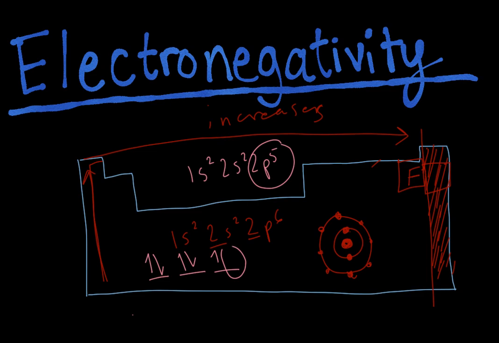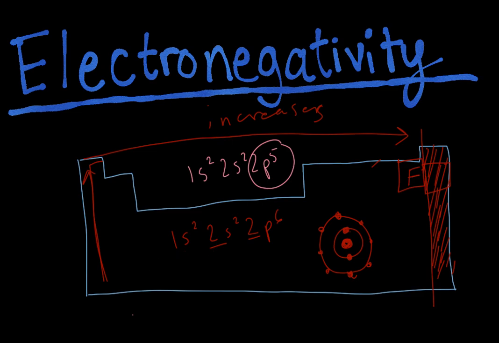So this last position right here needs one more electron, and it would be a completely filled p orbital. And that's the reason why, because it's so close to being completely full, it really wants that last electron so badly. So that's a little intuition on how to think about this.